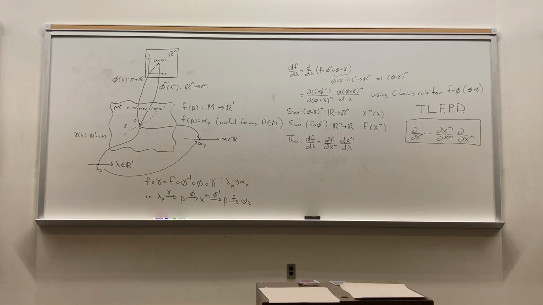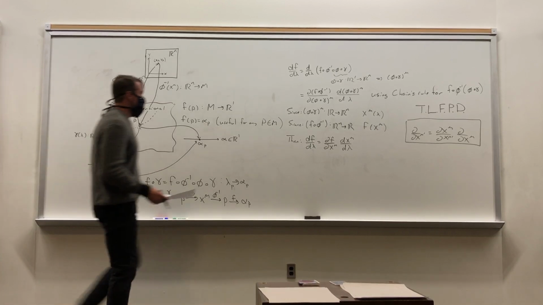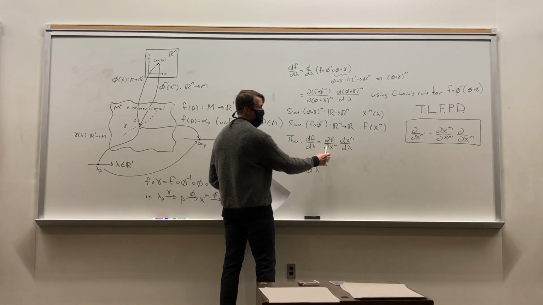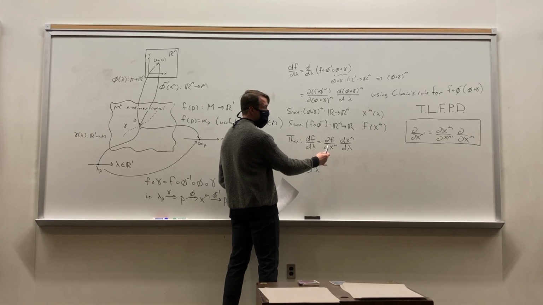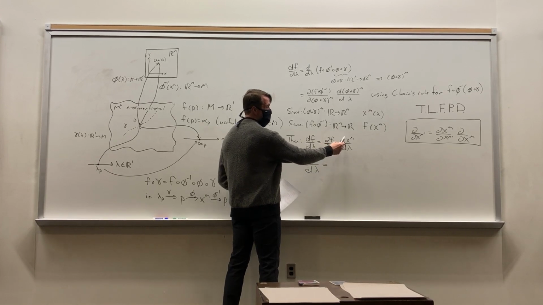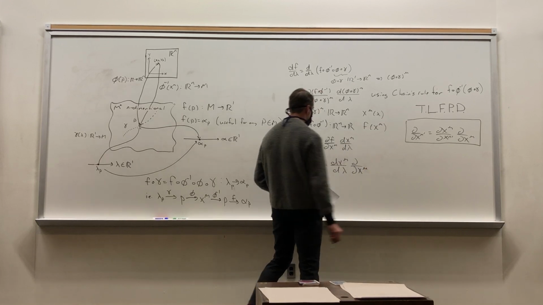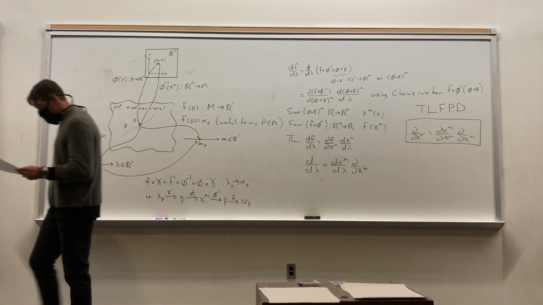Now, you ready for the good news? F is arbitrary. Who cares about F? So what I can say is that d by d lambda, and again, I'm going to do the same switcheroo, making sure I don't apply the derivative here, is dx mu d lambda partial x mu.